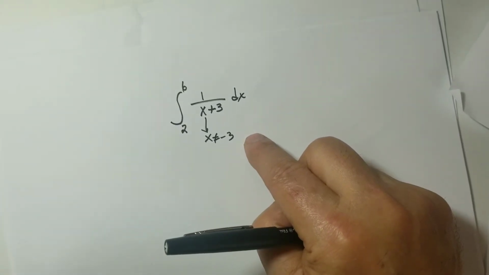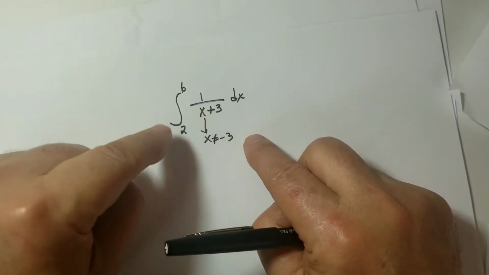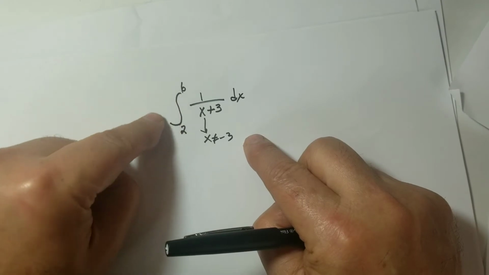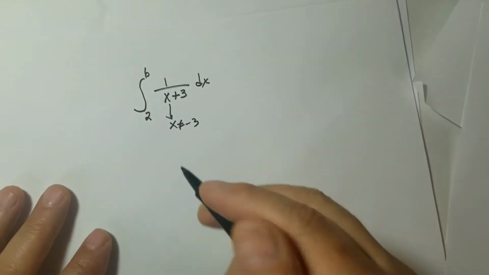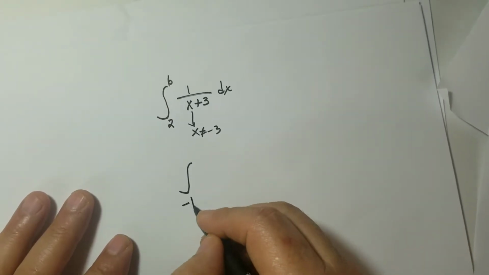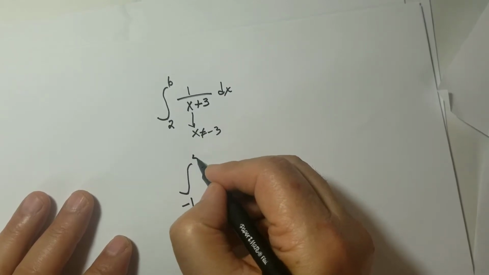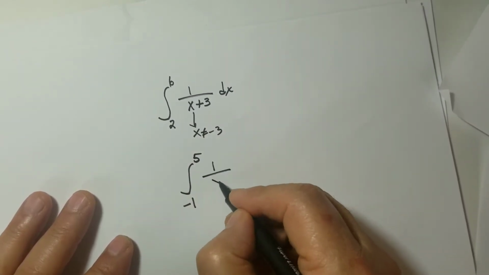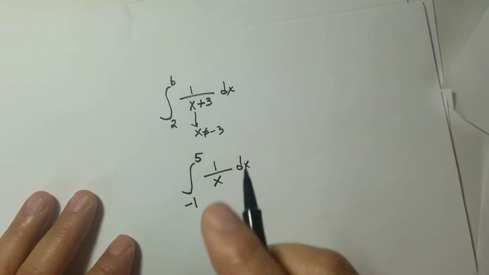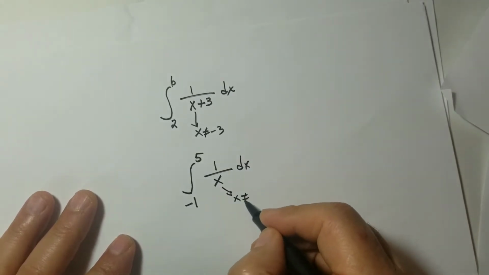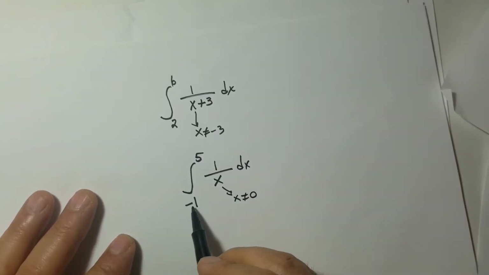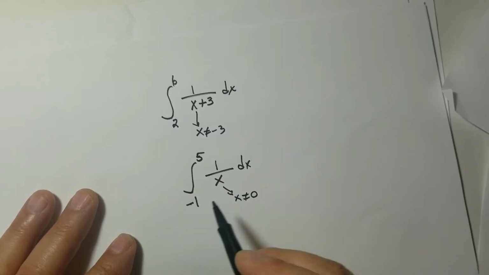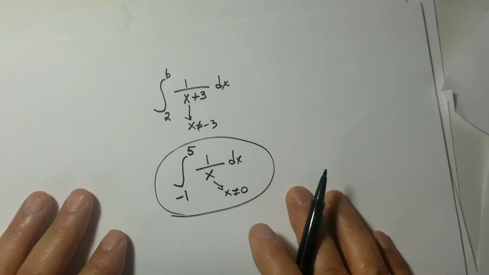It becomes improper if the number that makes the bottom 0 lands between the 2 and the 6. For example, if I have negative 1 and 5, and I come up with 1 over x dx, x cannot be 0, and 0 is between this and this. That makes it improper.